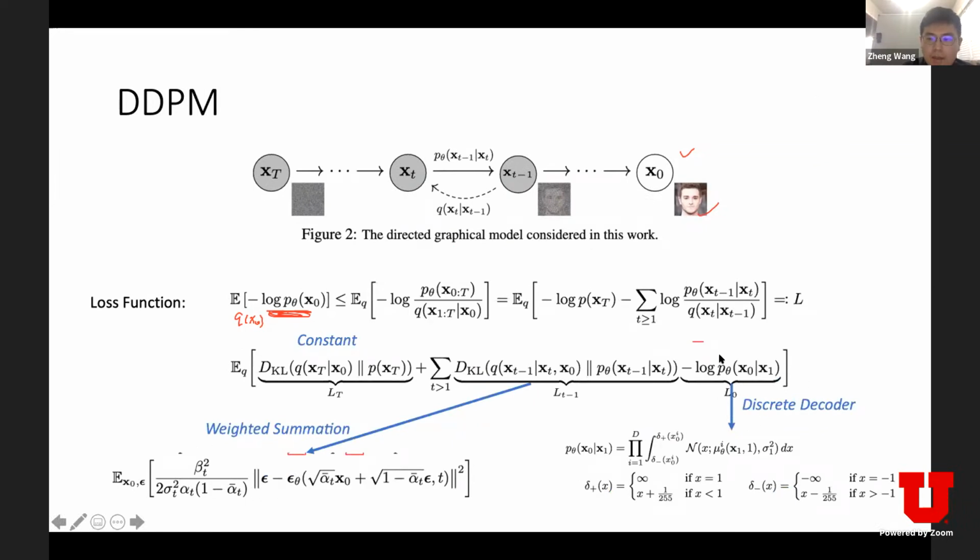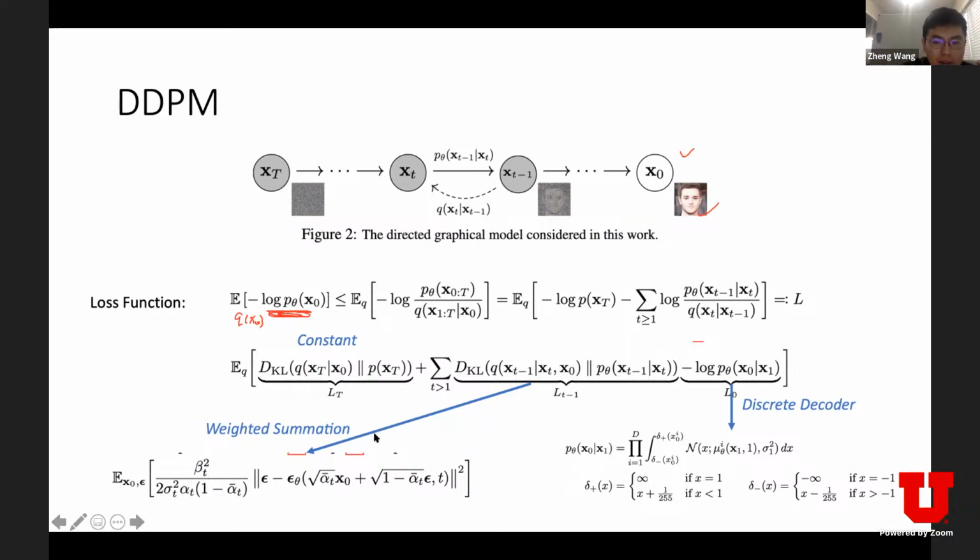And here, since the diffusion model is used for image generation, and X0 is a discrete random variable, actually, they just construct a conditional probability of X0 conditioning on a continuous random variable X1 here.